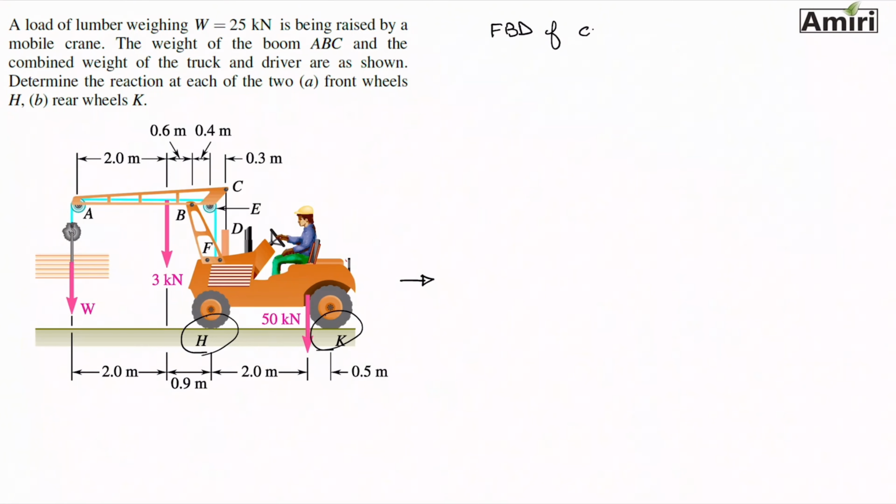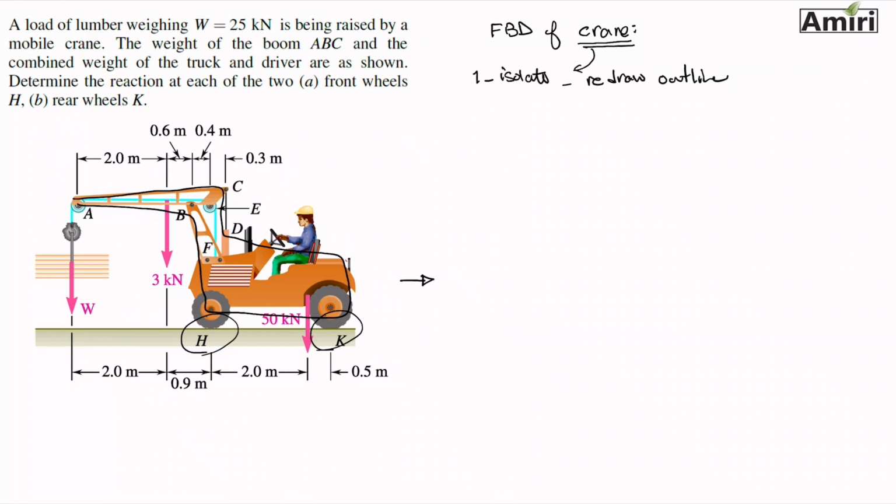So the first step is to isolate and redraw the outline of whatever you're drawing the free body diagram of. So all you have to do is do an outline of what is happening here. Very simple. So this is my outline. And step 1 is done.